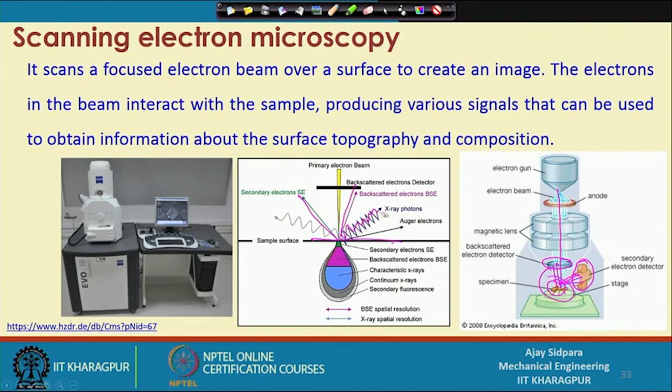It also transfers X-rays, by which you can do elemental analysis, to see what elements are available here. Auger microscopy can also be done here. So, by this interaction of the electron beam with the workpiece, you will get different signals, and those signals are very useful to understand what happens to the surface.